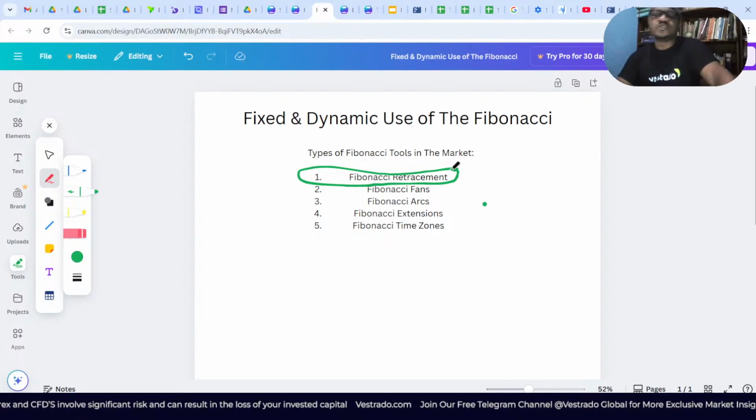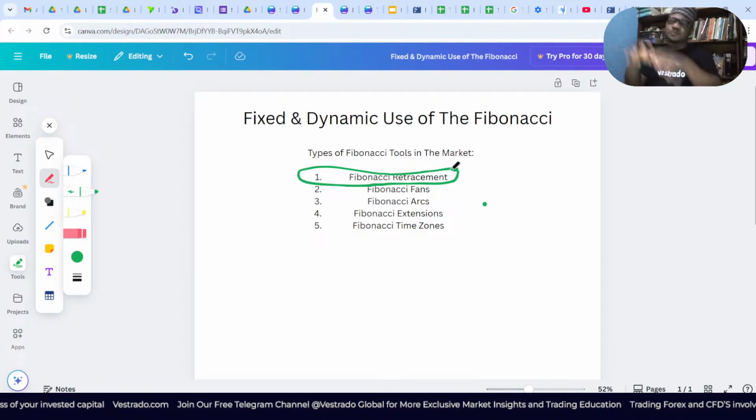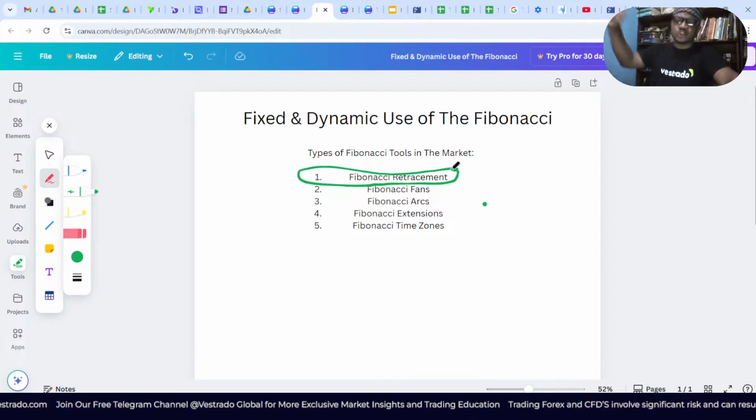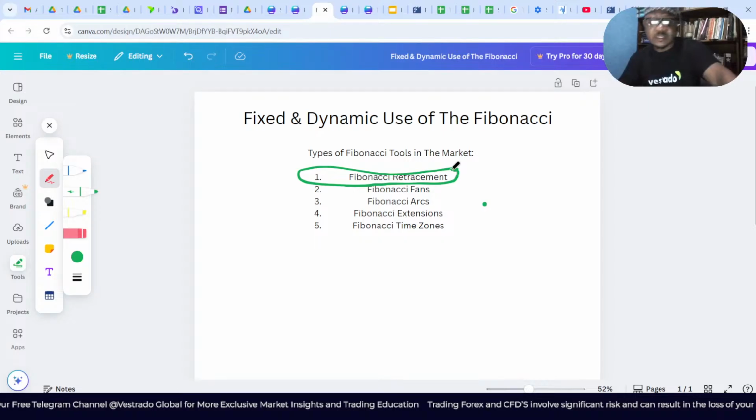You find it in trees, you find it in nature, you find it in all sorts. The leaves of trees, the branches of trees, in fact, the human body. Now, the Fibonacci enthusiasts in the market decided to apply this principle to the market and create tools that tend to guide reaction points or inform us as to where there could be possible reaction points in the market.